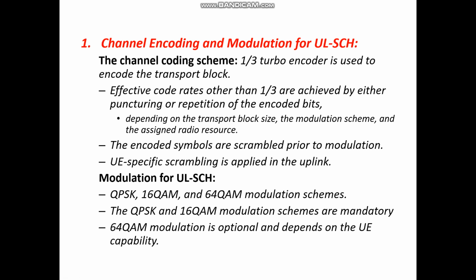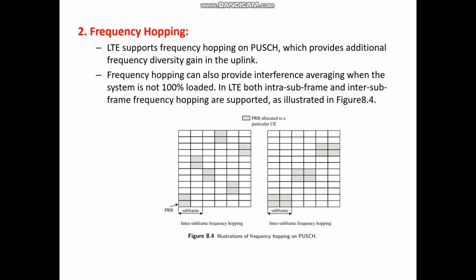It depends on the user equipment which kind of scrambling needs to be applied. Coming to the modulation for uplink shared channel, we can use QPSK, 16QAM and 64QAM modulation schemes. The QPSK and 16QAM modulation schemes are mandatory, while 64QAM modulation is optional and it depends on the user equipment capability.